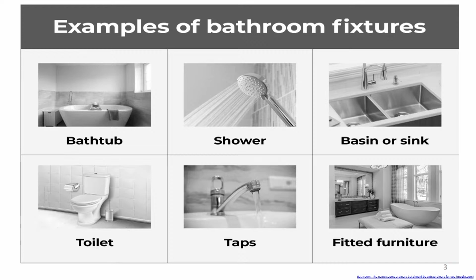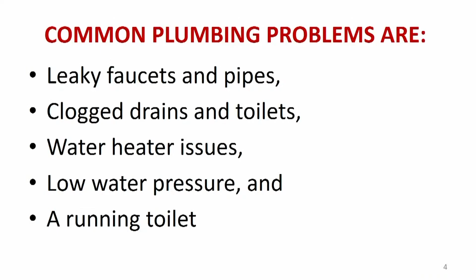So today I will take the common problems in your bathroom or the kitchen or in the washrooms. First are the common plumbing problems, just like leaky faucets, or faucets which are leaking, or pipes which are leaking. Second type of problem is clogged drains and toilets.